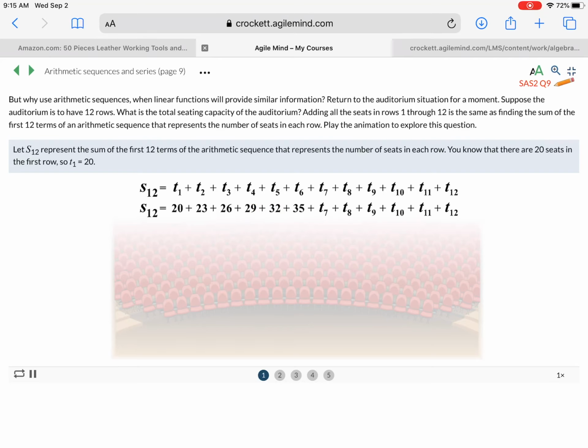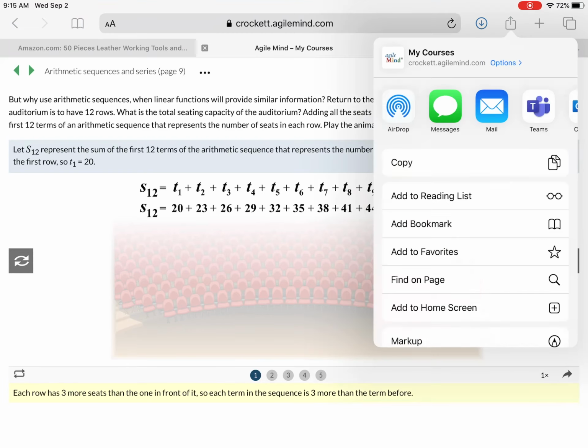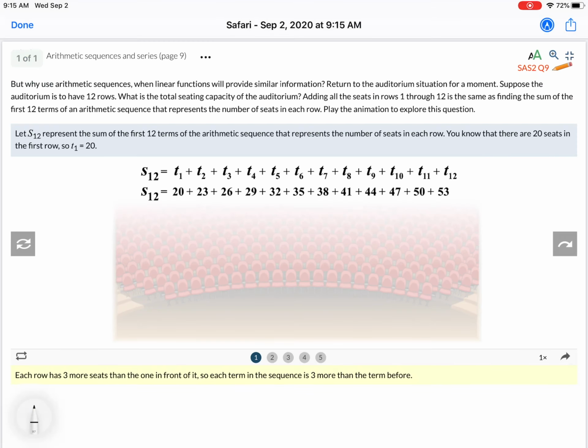So while it's doing that, I want you to actually write this part out on your number 9. Okay? So I want you to pause for a second, and I want you to write this and this, okay, the top line and the bottom line on number 9, okay? So take a few seconds to do that.